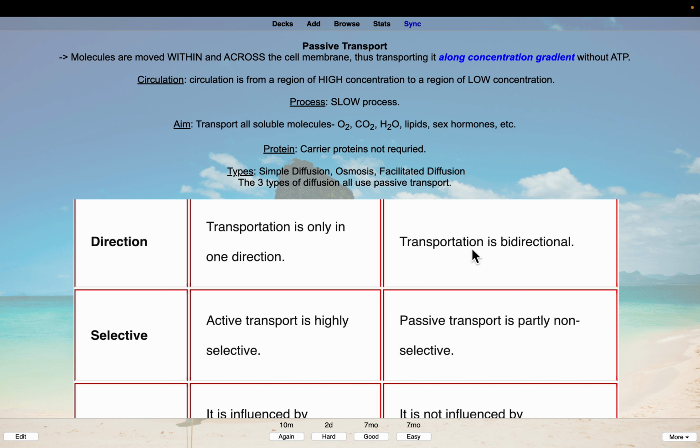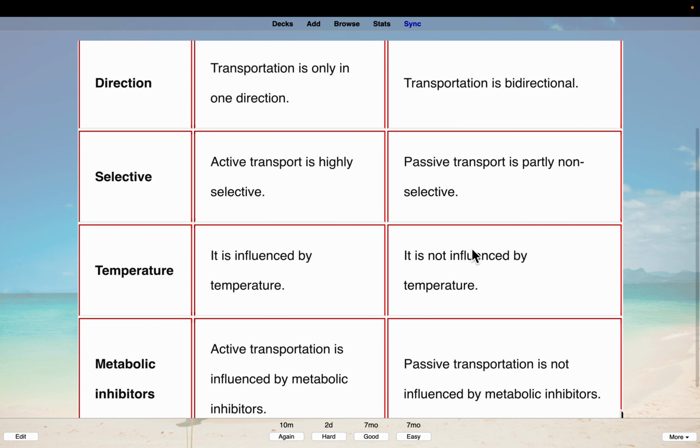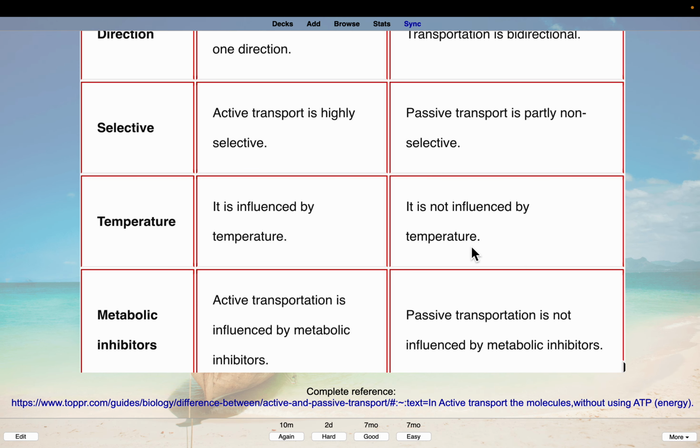So transportation is bidirectional. Breathing is associated with just passive transport. There is no need for ATP for the process to ensue. So passive transport is partly non-selective, and it is not influenced by temperature as well as by metabolic inhibitors.